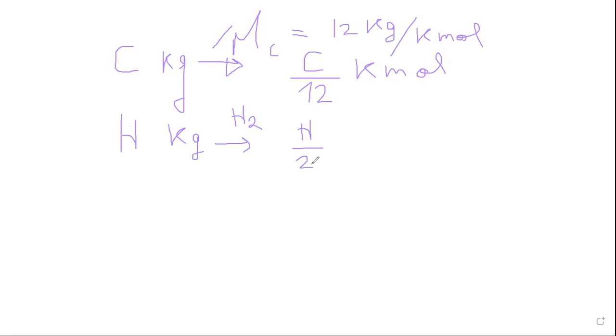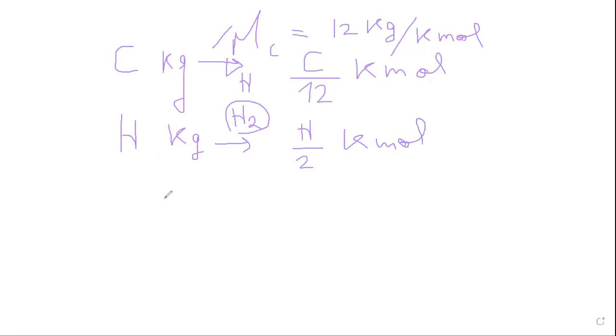Okay, you have the freedom to consider H2 or to consider H, and now we'll discuss this together. If you put H2, then you have H over 2 kilomole, and if you just say number of kilomole of H, it will be H kilomole. It depends on the reactions that you write.